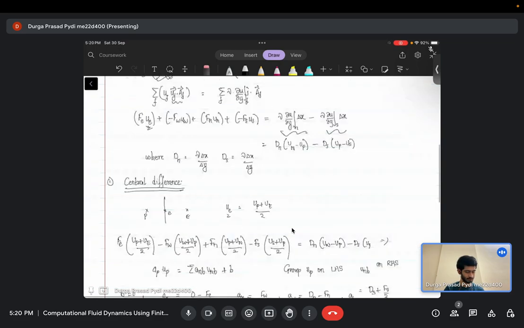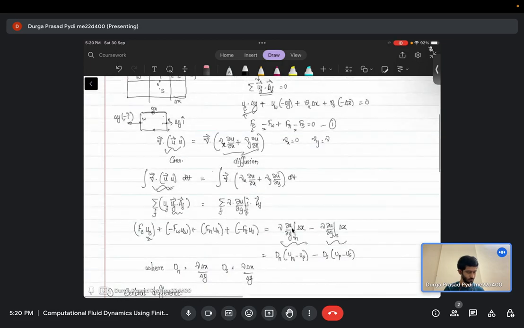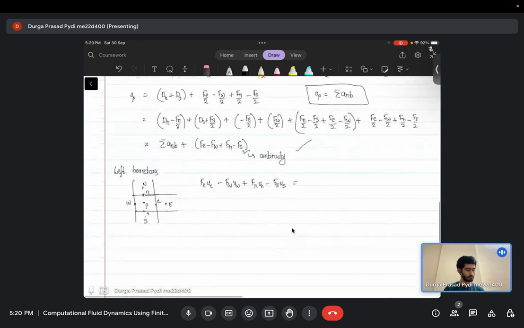So we have D and Dn written in this way, and then D east is essentially 0, D west is essentially 0. Otherwise the equation would be something like D little e times phi east minus phi p, and then you will also have a term from west, phi p minus phi west.